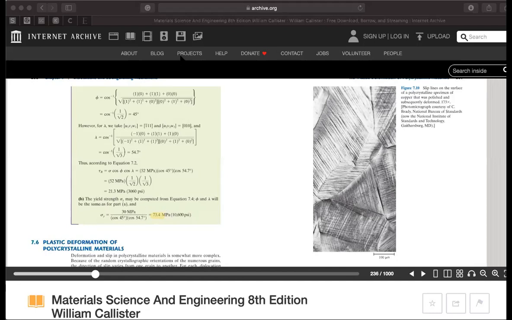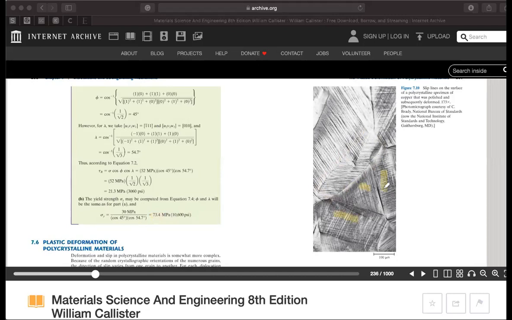What about if you have a polycrystalline material? In polycrystalline material, we are dealing with grains. We are dealing with different grains, right?